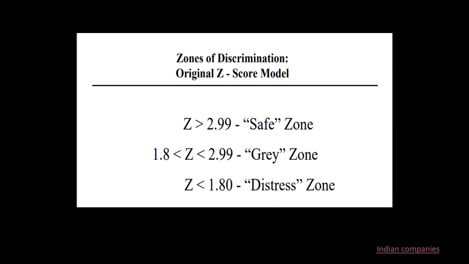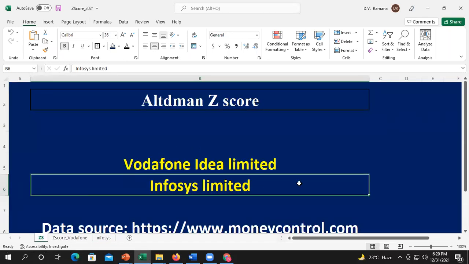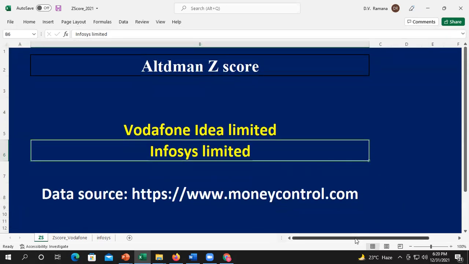Now let us calculate the Z-score for Indian companies. For this purpose, we will take two companies, Vodafone Idea Limited and Infosys Limited, using data from moneycontrol.com. Vodafone and Infosys are two extremes, we'll say.